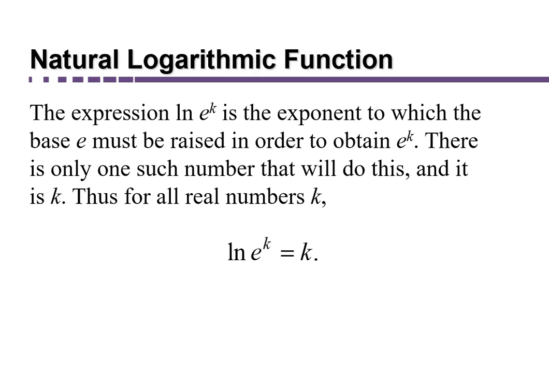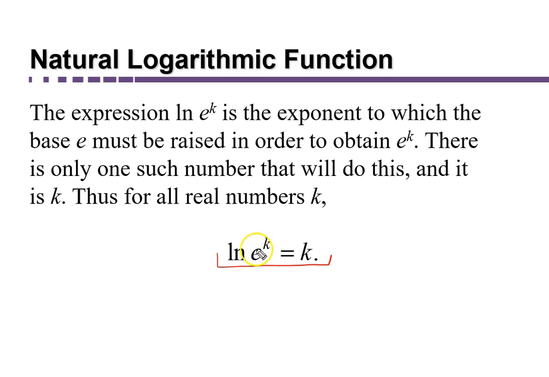Now, this is something that's going to be very, very useful. We're not going to mention it a lot, but when we do calculations using natural logs, this comes into effect. Let me write this down. This is going to be significant here. So here's the basic thing you're going to write: the natural log of e to the k power.